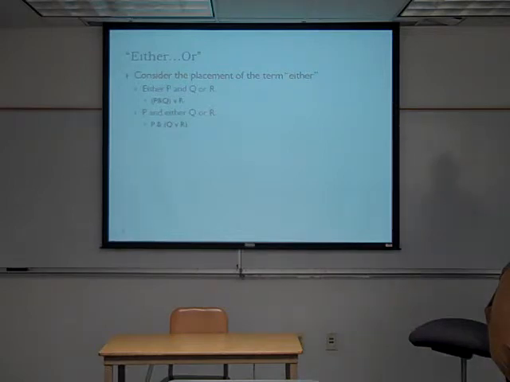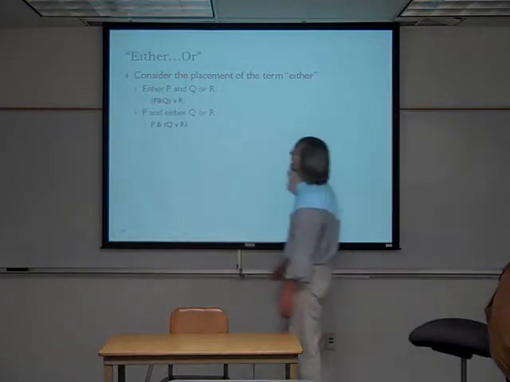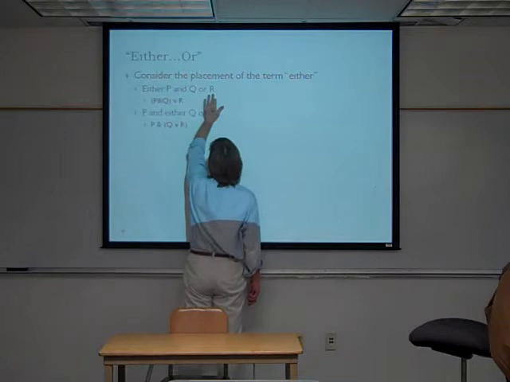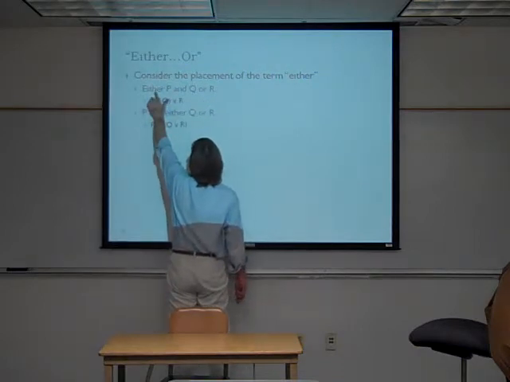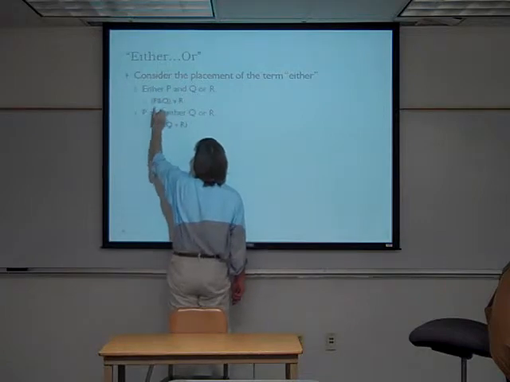The use of either-or is going to help you understand what's entailed in the argument that you're constructing. If we say either P and Q or R, we're going to symbolize that by putting P and Q in parentheses with the disjunction with R. And the placement of the either is going to tell you that P and Q need to be placed together.